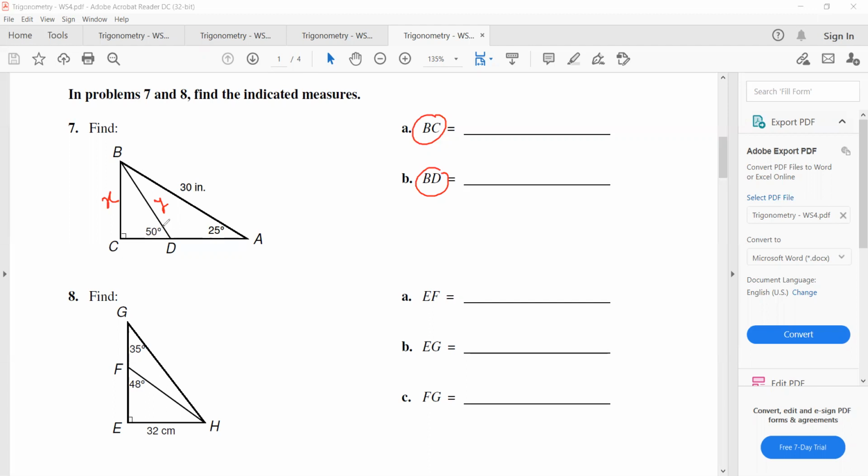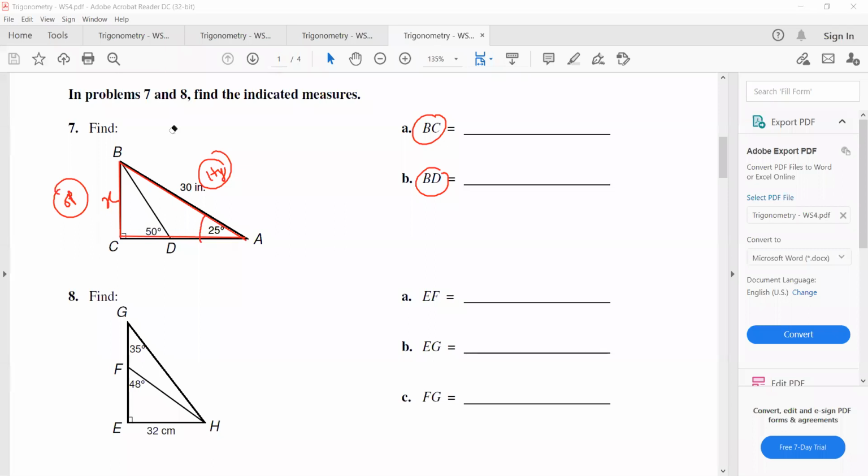So don't think about this triangle. Now I am thinking about this big triangle. Now I'm not thinking about the inside one. So here I have angle 25. Now opposite and hypotenuse, right?